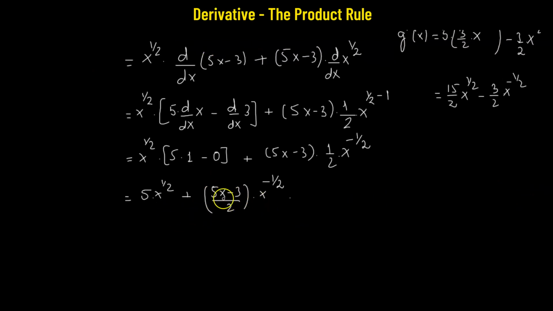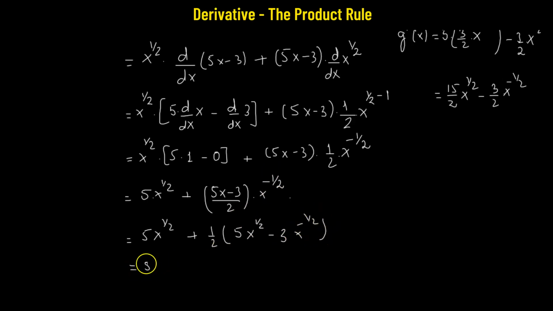If we reduce this, I mean if we distribute 5x minus 3 over 2 with x raised to the power of half, then we would get 5x raised to the power of half plus half multiplied to 5x minus 3 multiplied to x raised to the power of half. So that will be 5 times x, so I have x multiplied to x raised to the power of half. That will give us half minus 3 times x raised to the power of negative half.